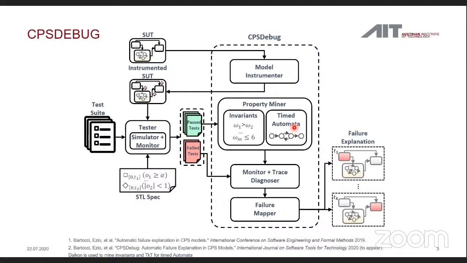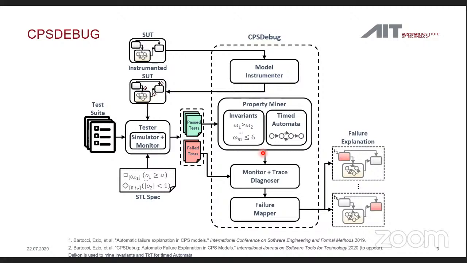Whatever we have captured in this form is capturing how the system behaves when it satisfies the specification. This is then used to detect and localize components in time and space where anomalies occur.